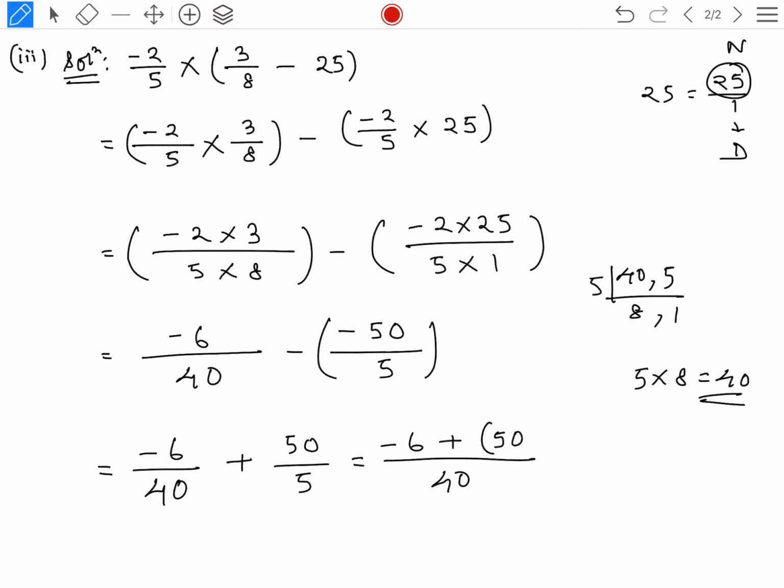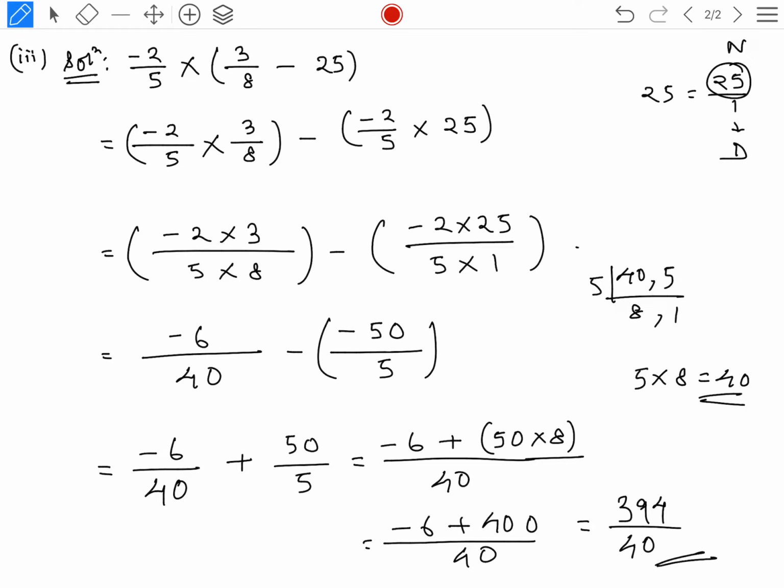So minus 6 into 1 means minus 6, plus 50 into 8. If you solve this, you will get minus 6 plus 400 by 40, so 394 by 40.